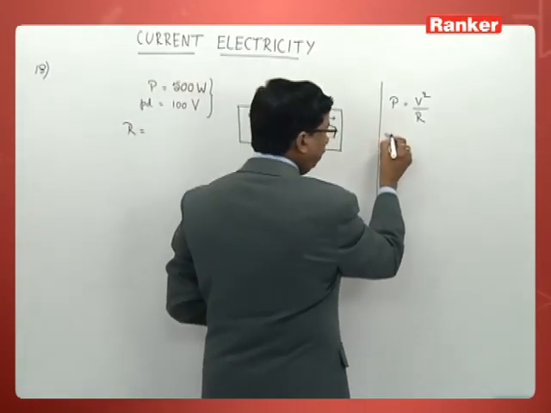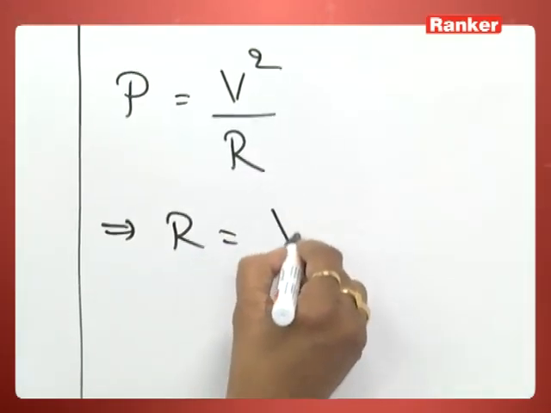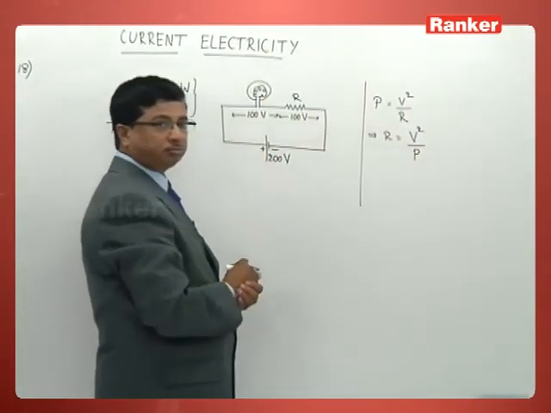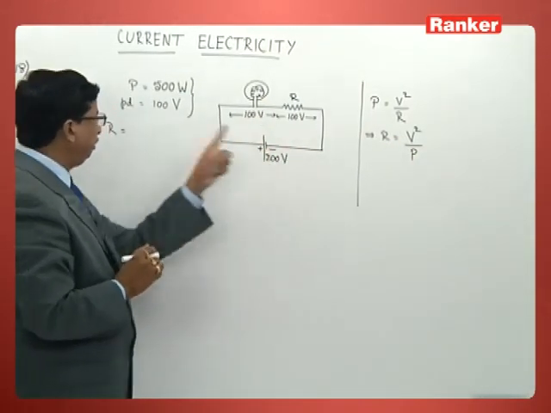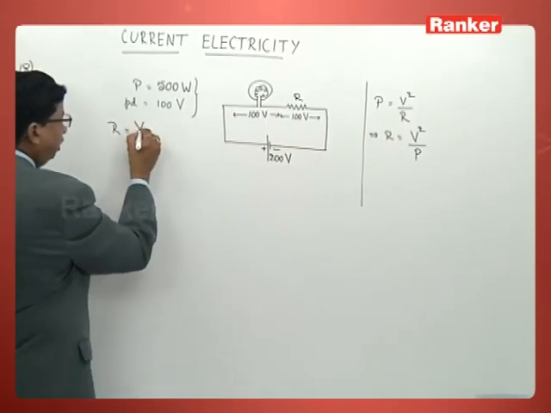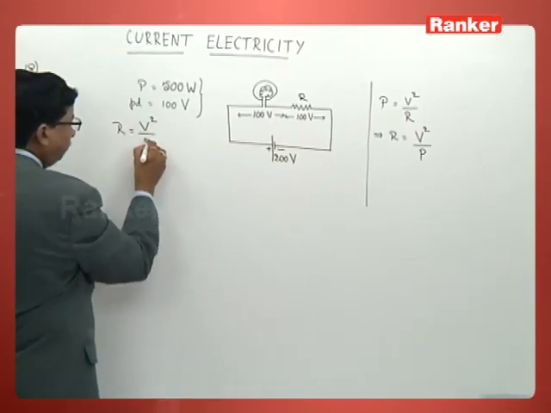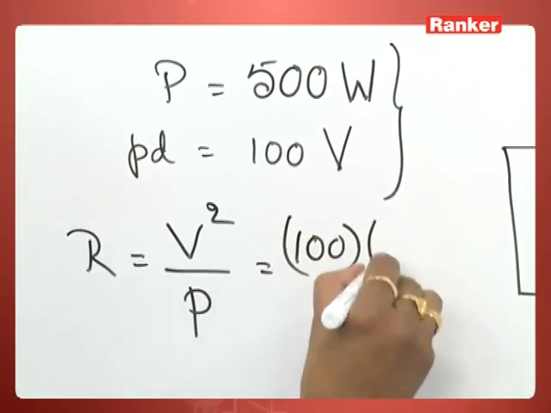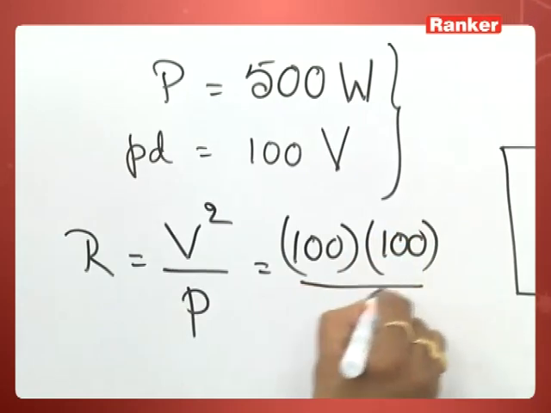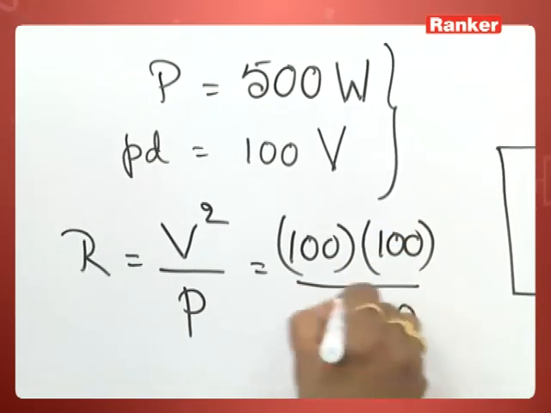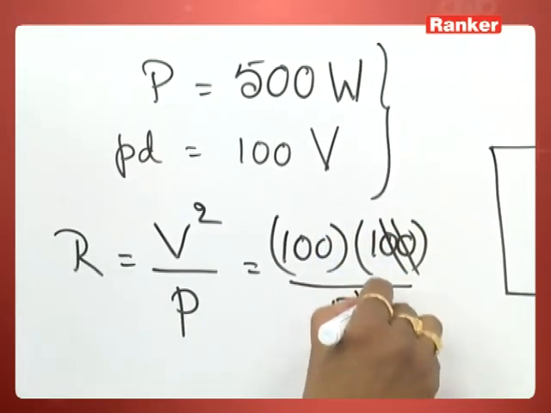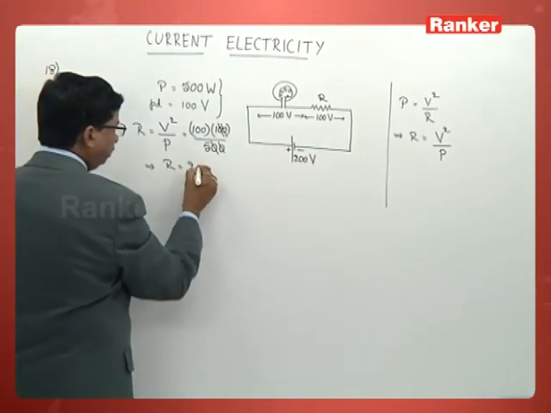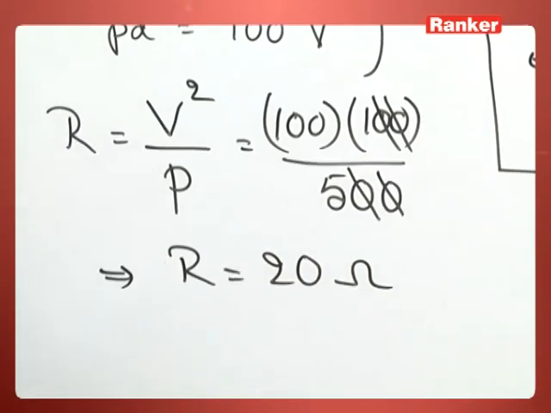If you want resistance from this one, it can be written as V square by P. That is 100 into 100 by 500. You can cut these two zeros. Then you are left with 20 ohm.